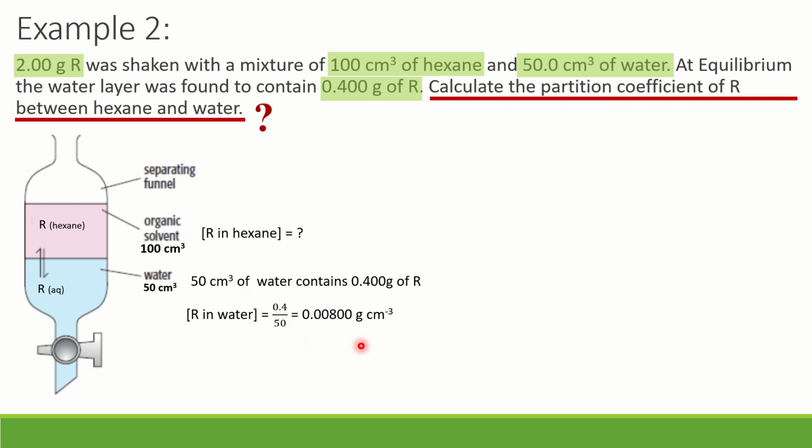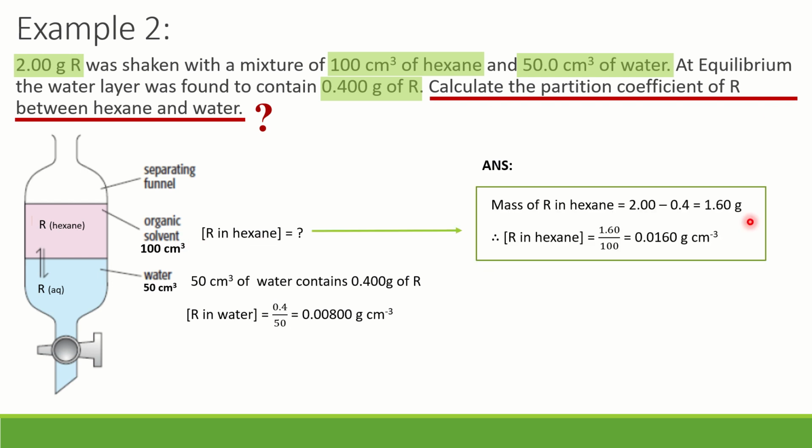Now, how do we find the concentration of R in hexane? So here's the answer. First, you have to know how much R dissolved in your hexane. So 2 grams is the total mass of R, as given here. And then the 0.4 is the mass of R in water. Therefore, when you do 2 minus 0.4, it will be equal to 1.6.